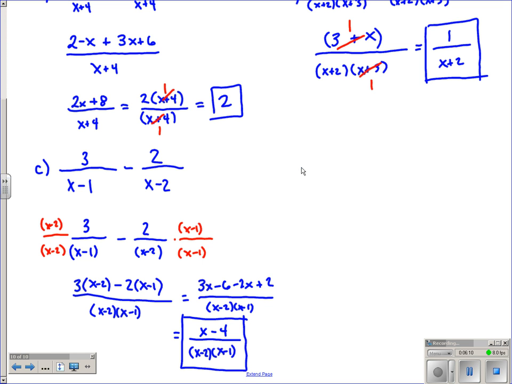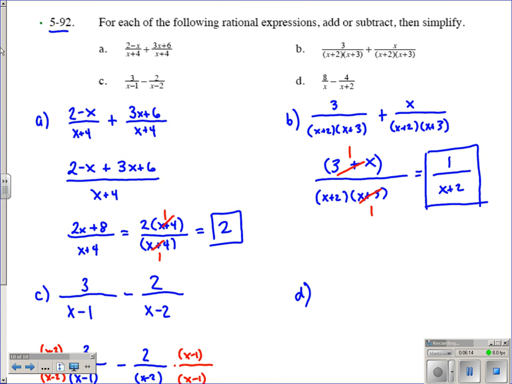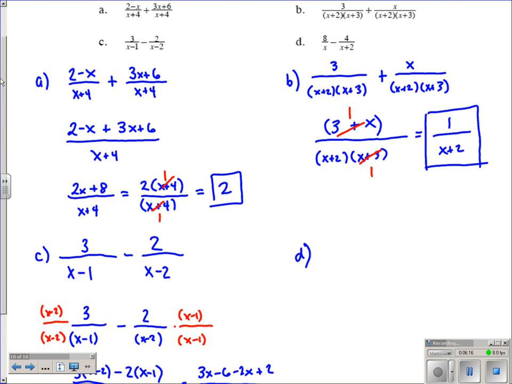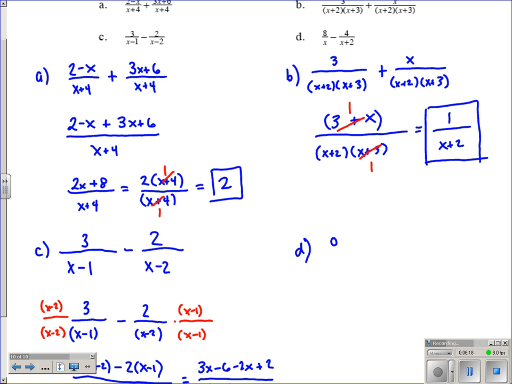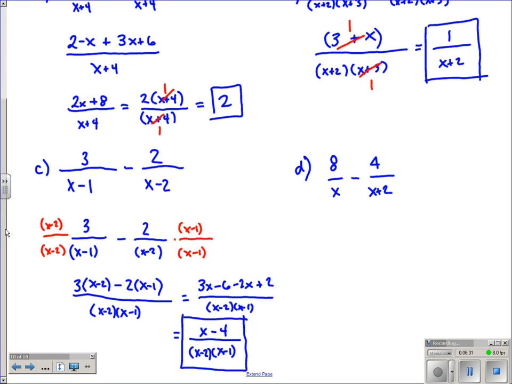All right, last problem. We have 8 over x minus 4 over the quantity of x plus 2. This is one where people make mistakes, so make sure you're listening up.